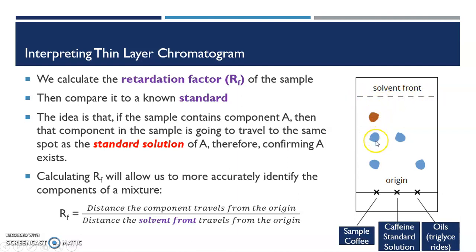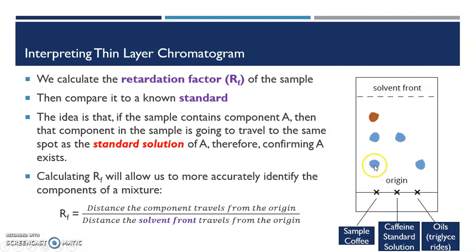Okay, so you notice that if we have a caffeine standard solution, then under the same condition, the distance between the component in coffee, the caffeine, from the origin, should equal the distance between the standard caffeine solution and the origin. The same happens with oils. So in coffee, we also have oils, right?